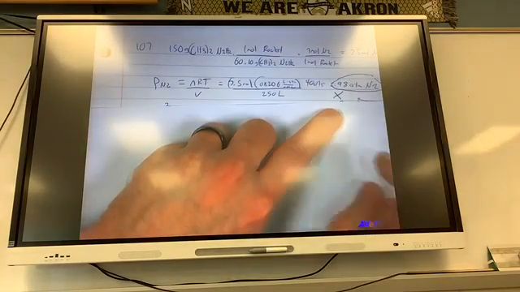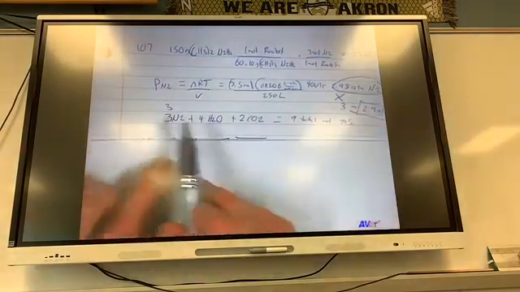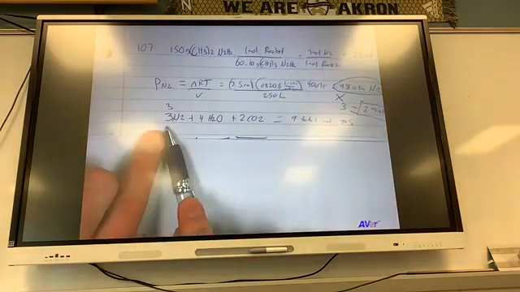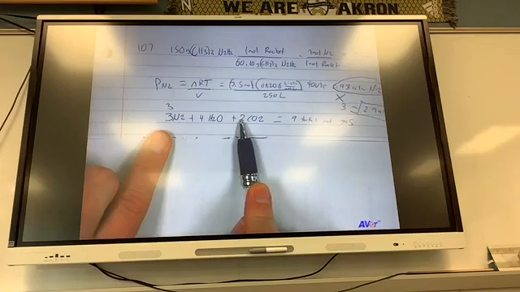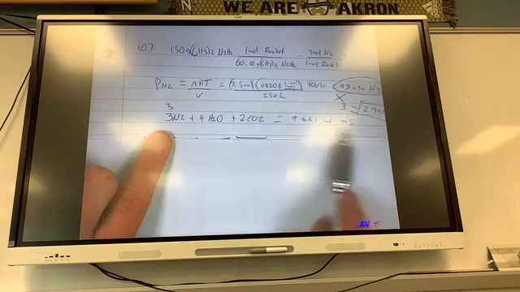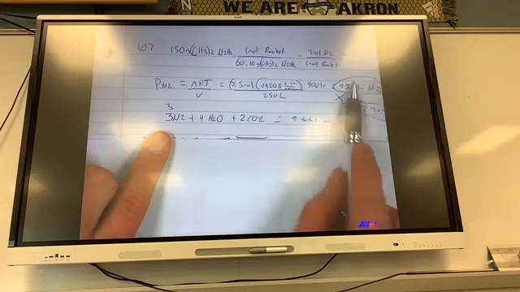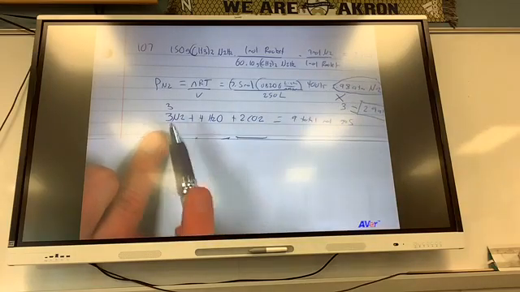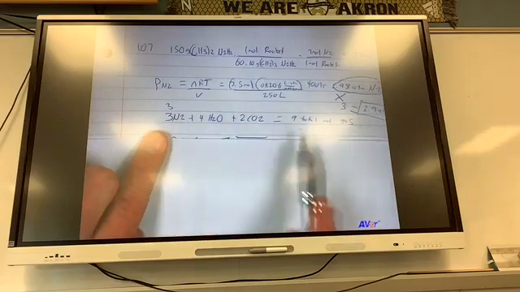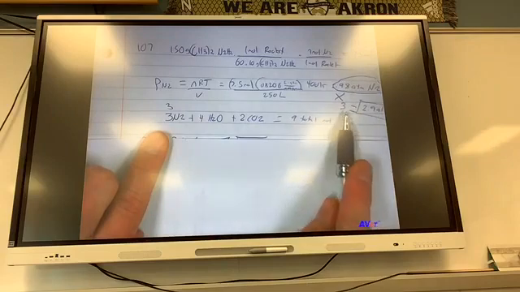That's the partial pressure. Then I figured out I've got 3 moles of N2 to 4 moles of H2O to 2 moles of CO2. So there's 9 total moles of gas. Agreed? This is the partial pressure of N2, which is only 1/3 of the 9 moles. Which means I have to do what to this number? Times 3.